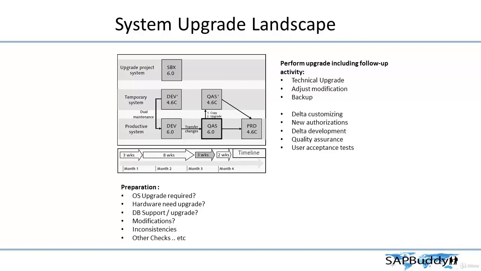So it's not only upgrading the system as such, so we need to keep all this in mind. And the modification, what are all the modifications required after the upgrade? Will you find any inconsistencies because of different reasons, like changing the OS or networks and stuff like this? Will you find any risk?